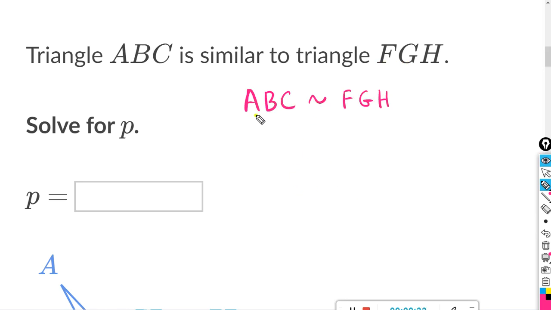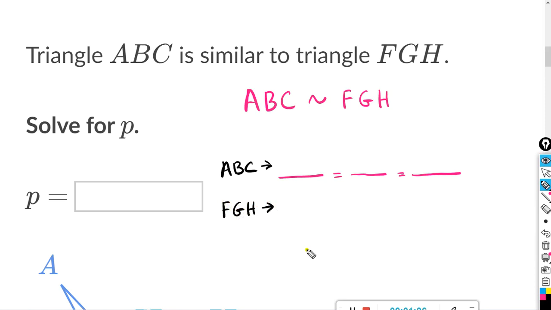Once you have the similarity statement, we can make three fractions relating the side lengths to each other. Everything in the numerators is going to be from triangle ABC, and everything in the denominators is going to be from triangle FGH.